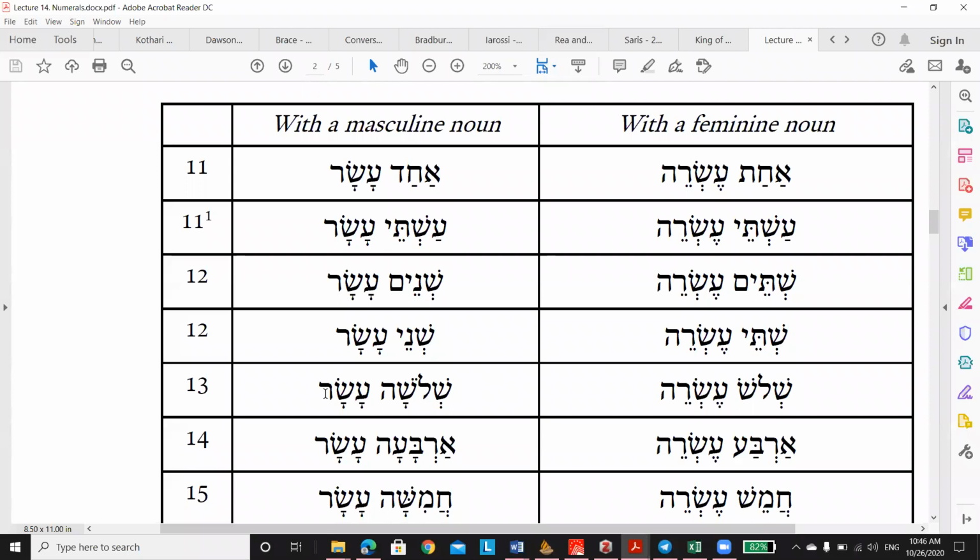Shelosha asar is 13. Arba'a asar, 14. So we do not divide it. It's like two different words. So in English, for example, 16 is one word. Yes, yes. But in Hebrew, it is like two different words that put together.